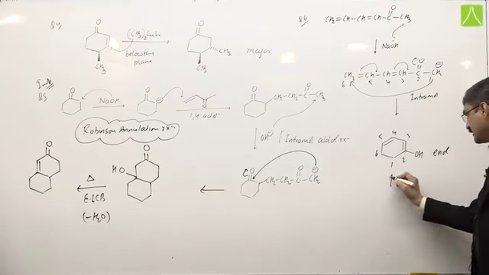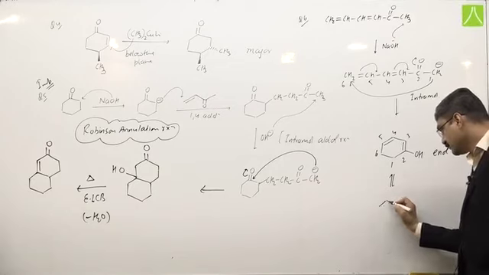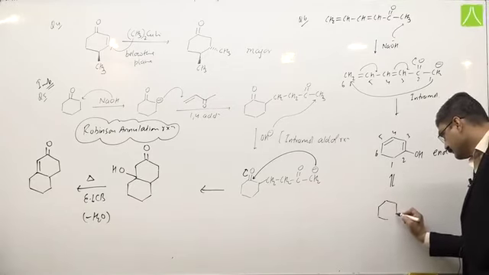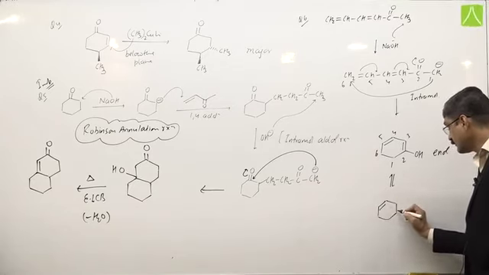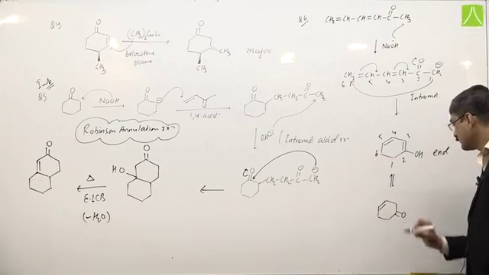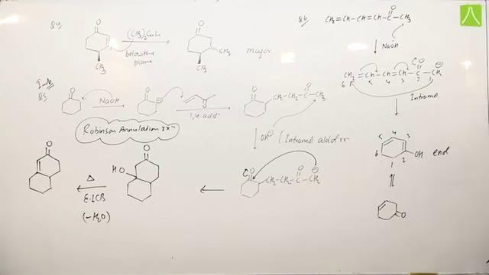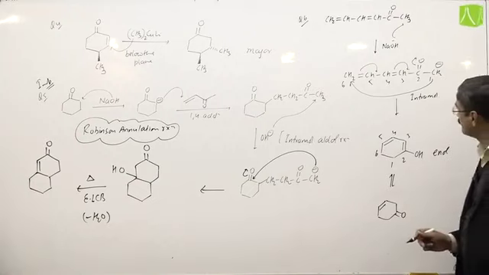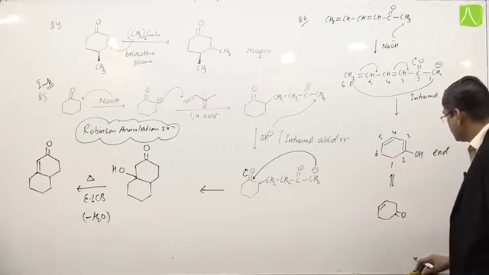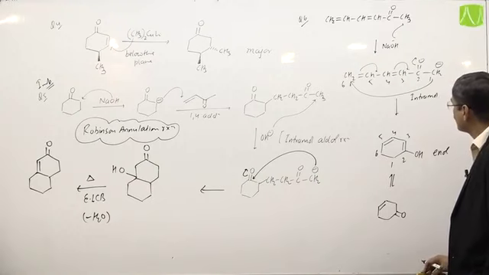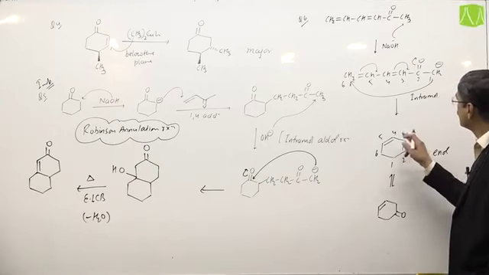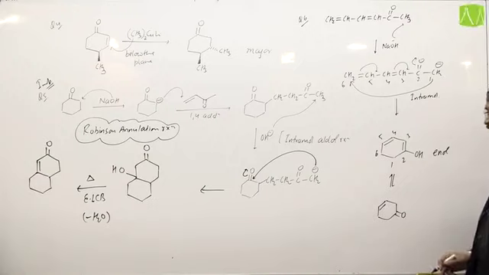So this enol tautomerize into ketone. This is the final product of this reaction.